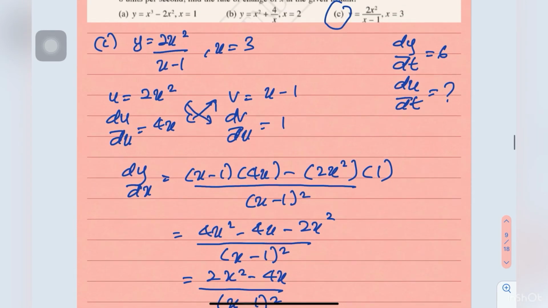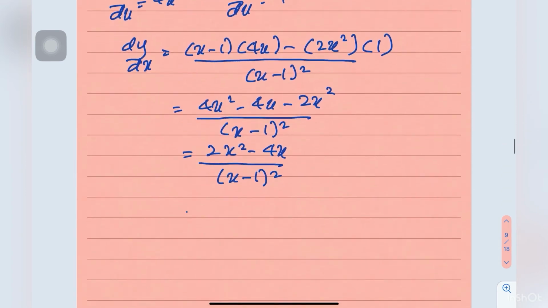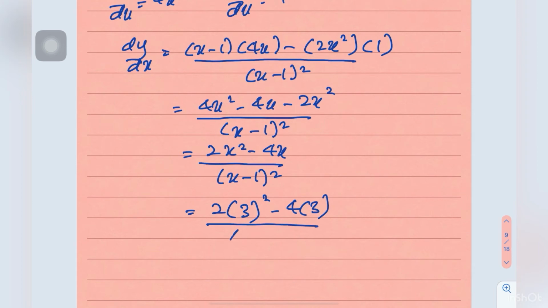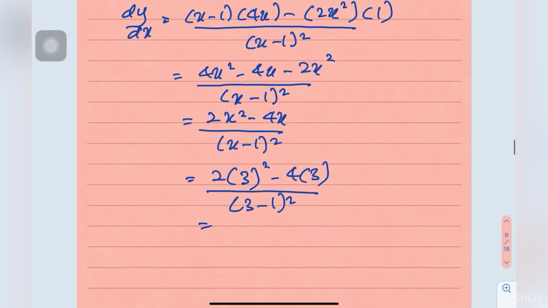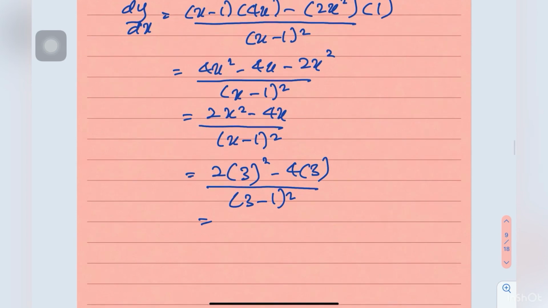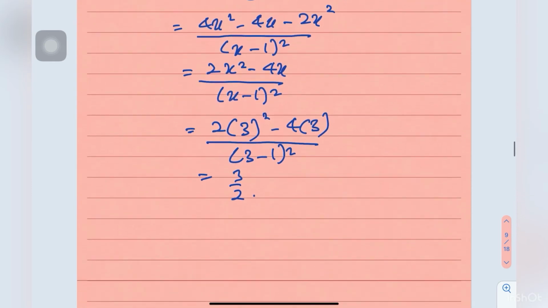Given the value of x is 3, we substitute into dy/dx. So 2 times 3 squared minus 4 times 3 over 3 minus 1 squared. Here we have 3 over 2. So this is dy/dx.